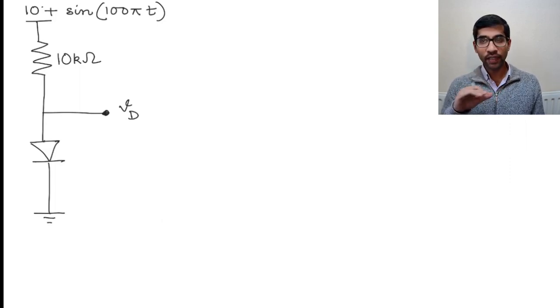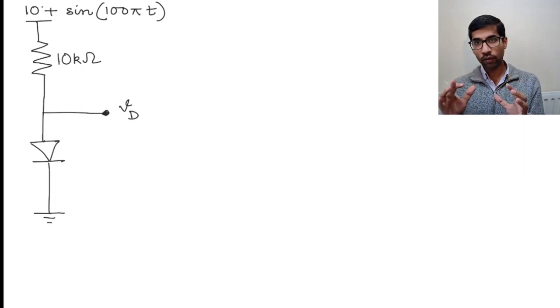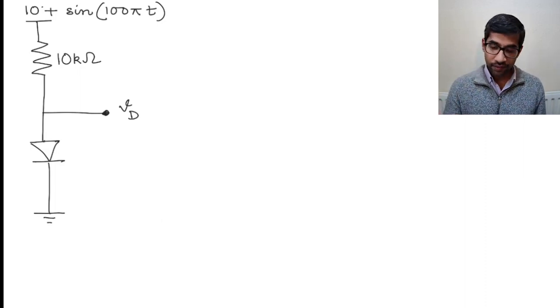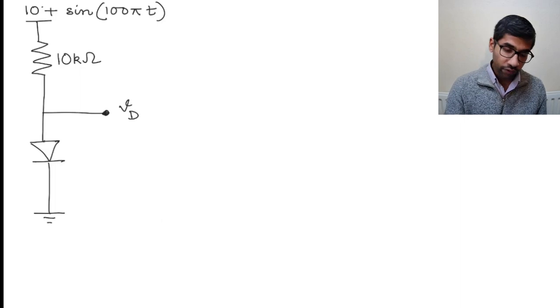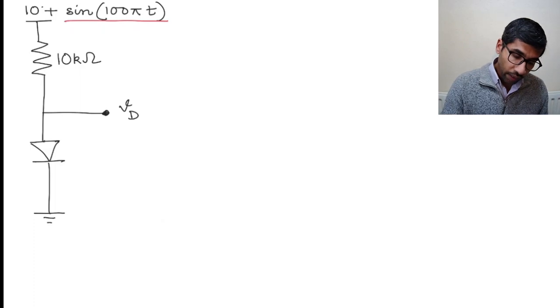We can try to find out the changing voltage at this point for our circuit. So how do we do this? The first thing that we can do is ignore the changing voltage. Let's for a moment forget about this sine wave, and just focus on the DC current. The DC voltage is 10, and if we use a constant voltage drop model, how much drop will there be across this diode?